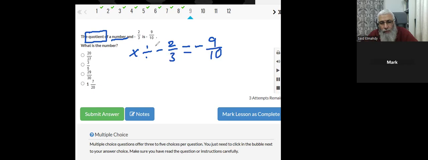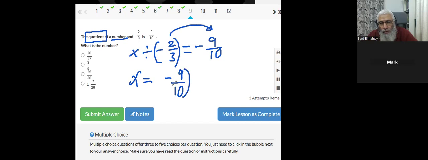How to move this to the other side? The opposite of division is multiplication. So we move this to the other side with multiplication: negative 9 over 10 multiplied by negative 2 over 3.